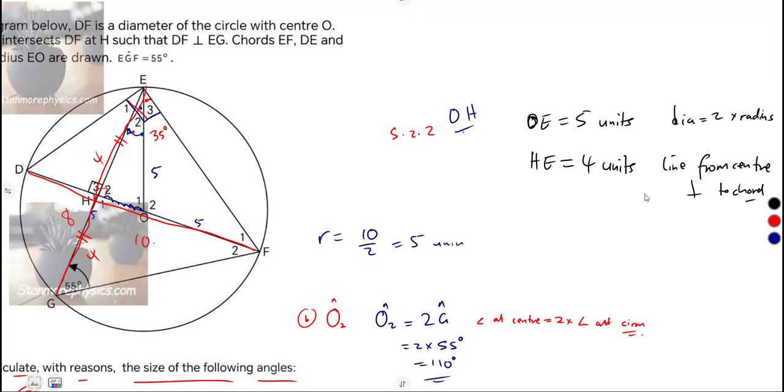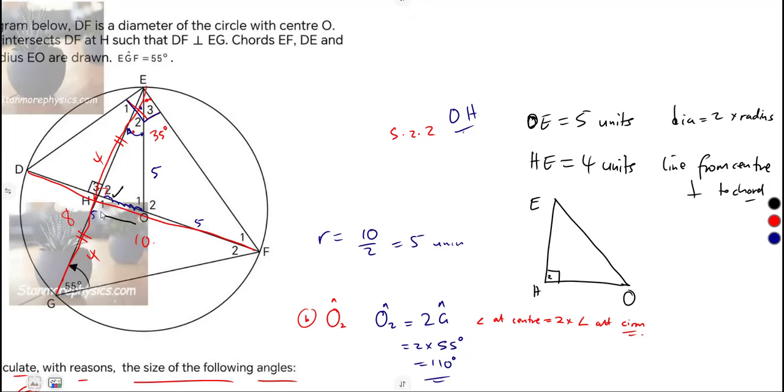When it is perpendicular to the chord, it's going to bisect it into two, that is to divide it into two equal parts. So we are remaining with a right angled triangle. Remember before, guys, on our calculations, we said H2 is 90 degrees. So this is where we've got our H2, which is 90 degrees. And this is our point E and our point O.